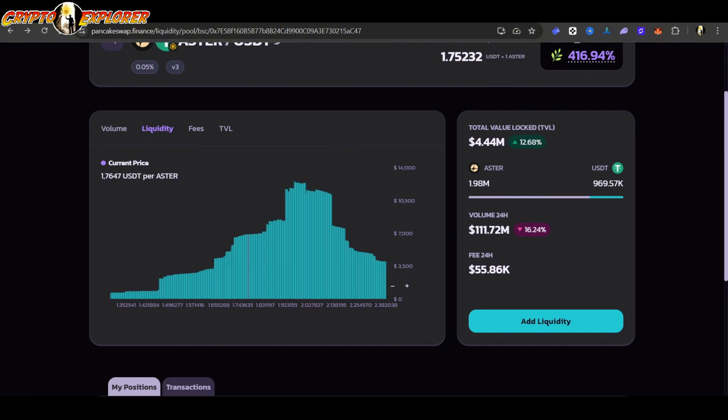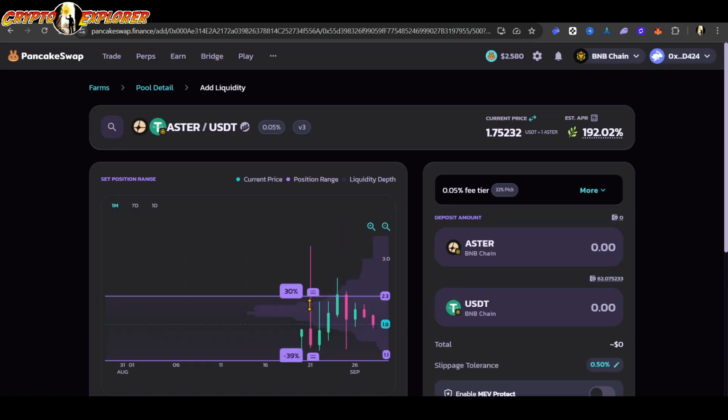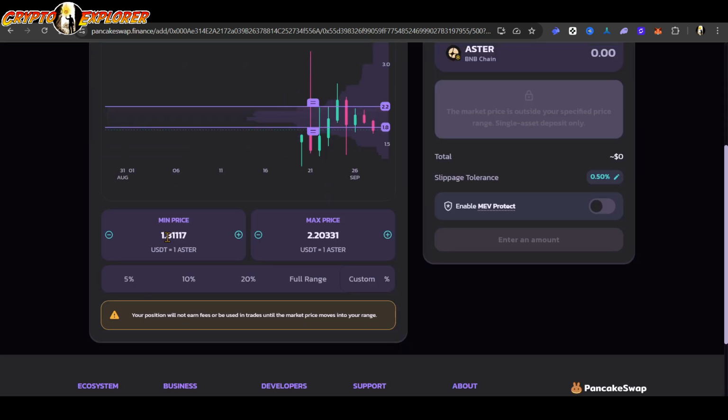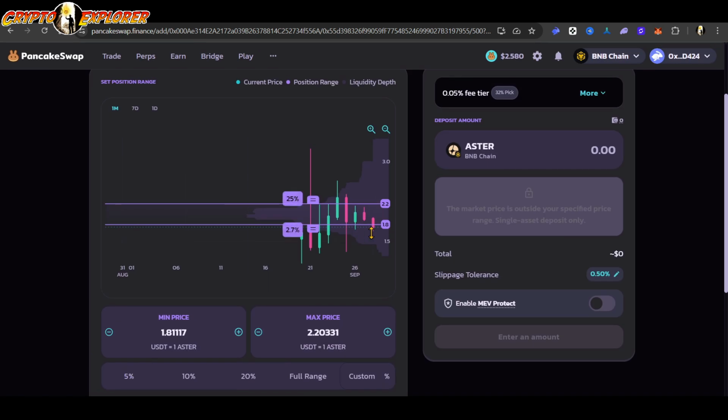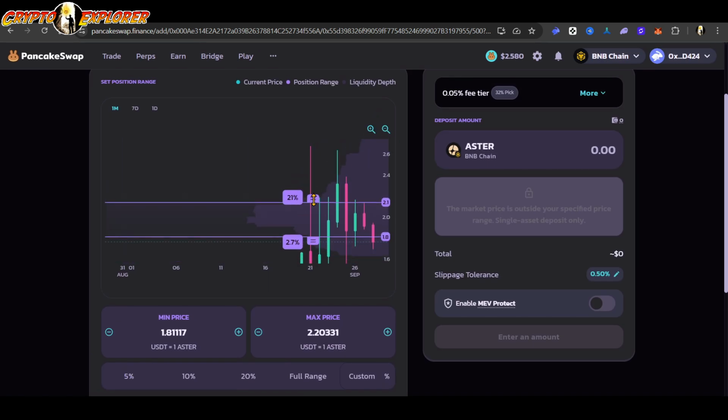That's what we saw, right? So if you go back to liquidity, you can see here, for example, this is what people did when the price was at around this range, and you can see 1.81, 2.2. So this is roughly the same thing, right? If we zoom in a little bit, you can see that this wasn't really much adjusted. So now it's a bit more adjusted, 1.9, 2.12. So that is the same thing we were just looking at.